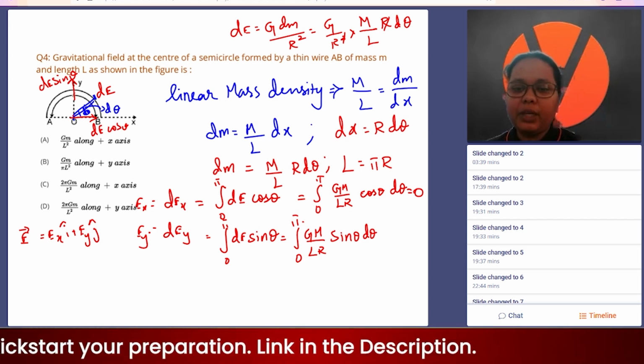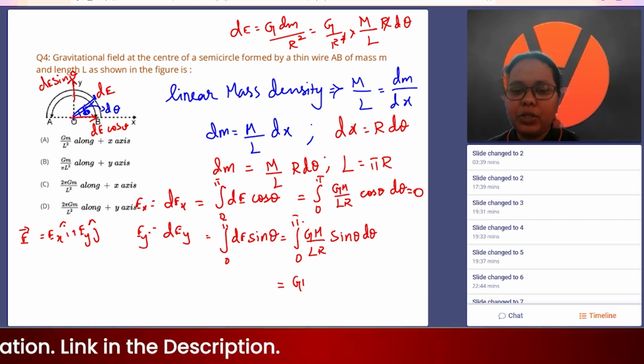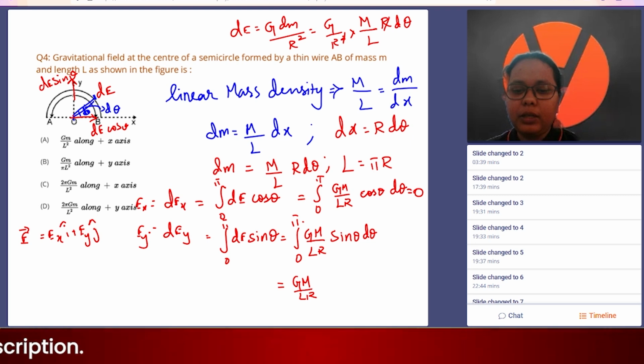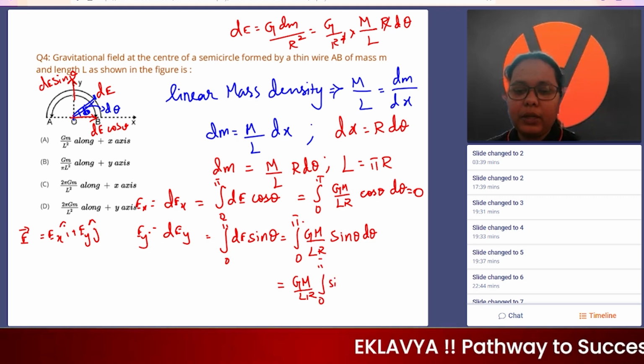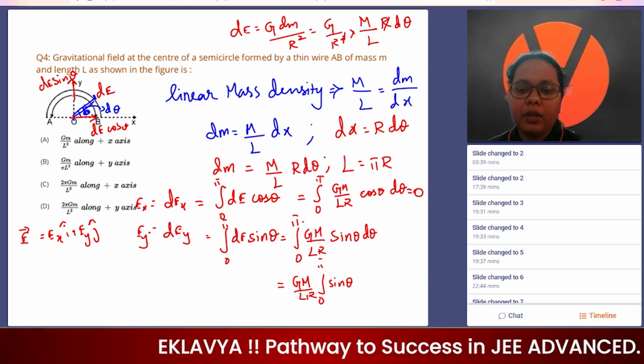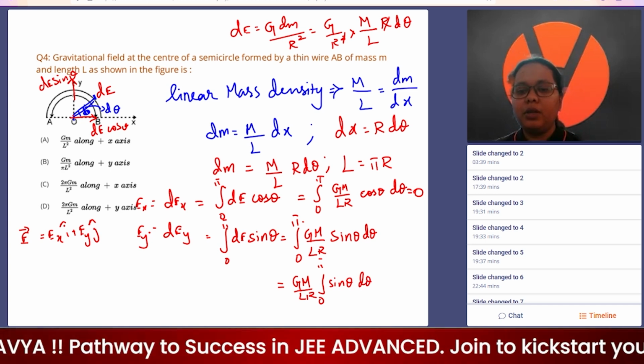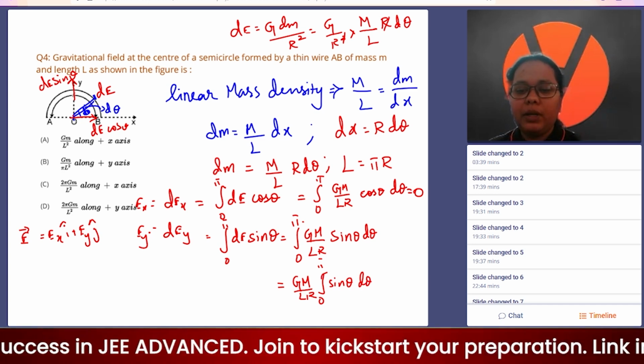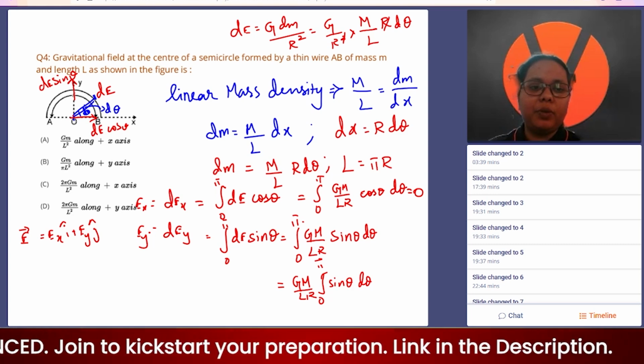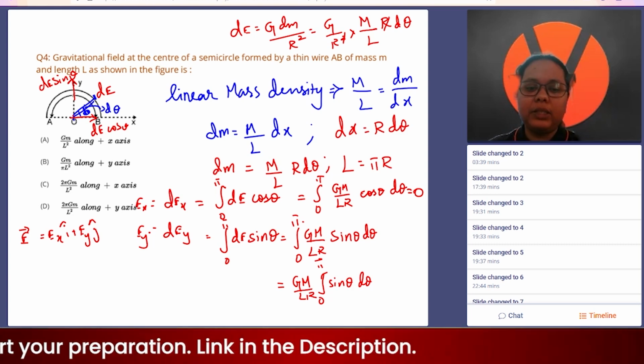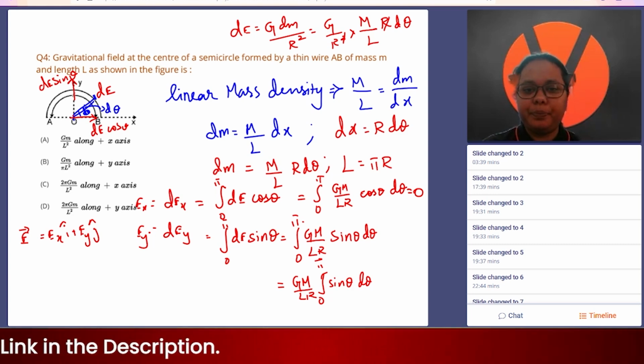GM by LR is constant, so integrate sin theta from 0 to pi and substitute the values. As it acts along the y axis, you will get the answer.